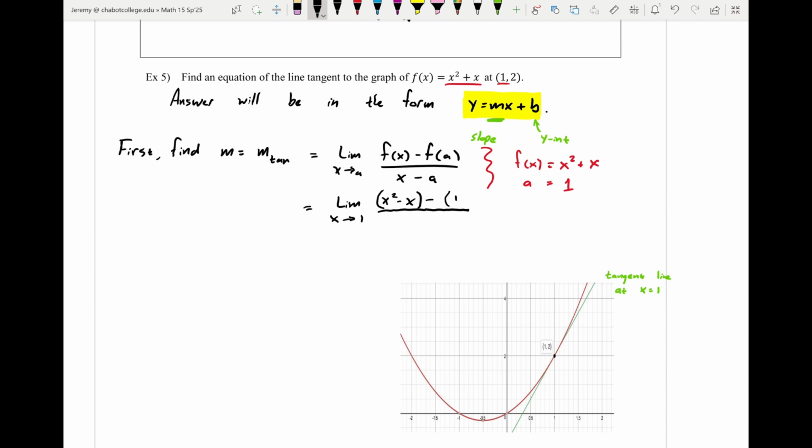So that'll be 1 squared plus 1. And in the denominator, we're just going to have x minus a, which is x minus 1. Okay, so just to be extra clear right there, that is f of 1, right?